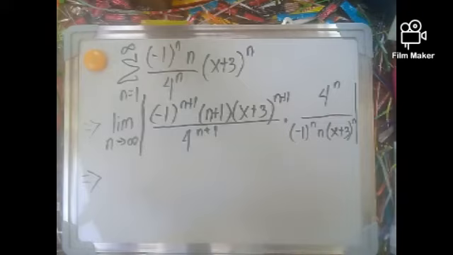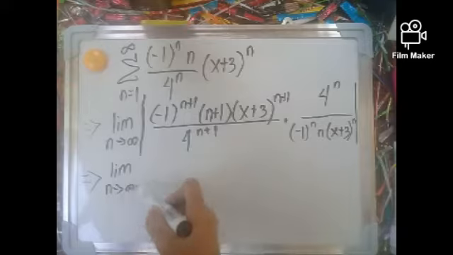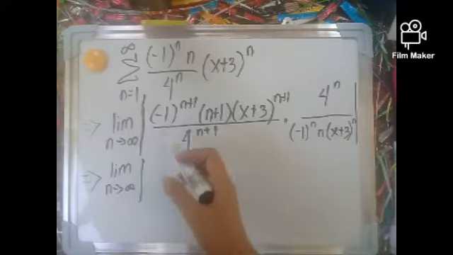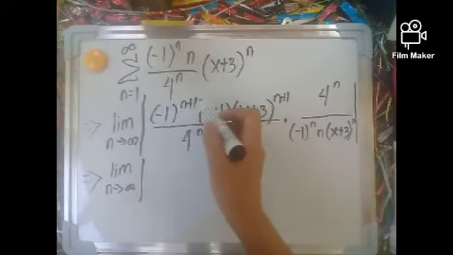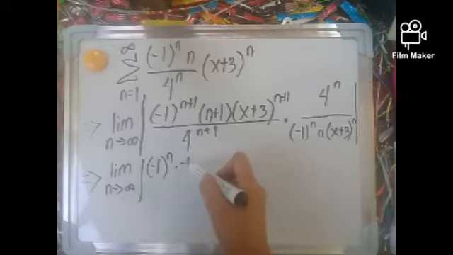So, paano ba breakdown? Yung sinasabi ni Ma'am Michelle na breakdown na yan. Ganito po iyon. In negative 1 raised to n plus 1, i-breakdown natin siya into negative 1 raised to n times negative 1 raised to 1.